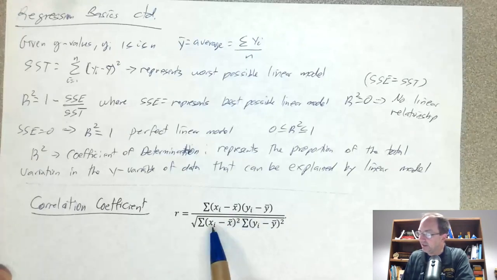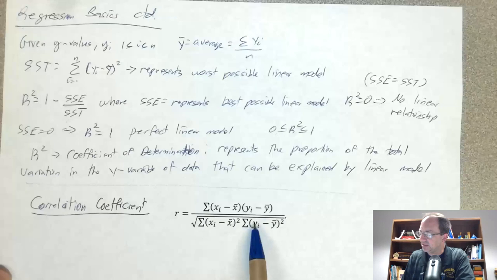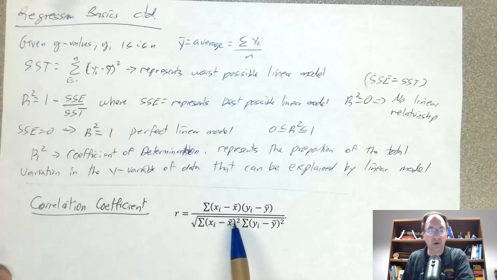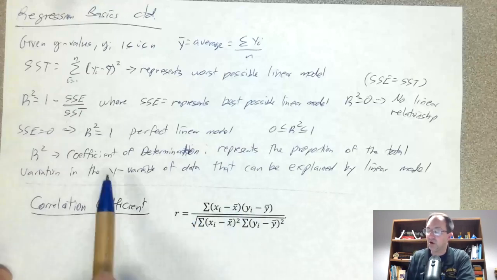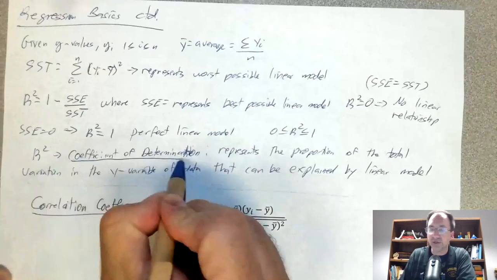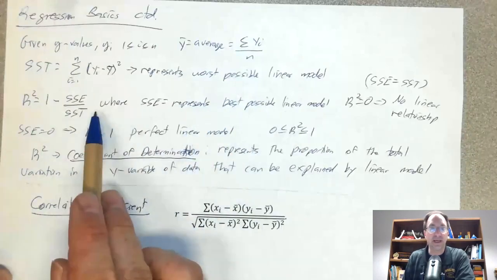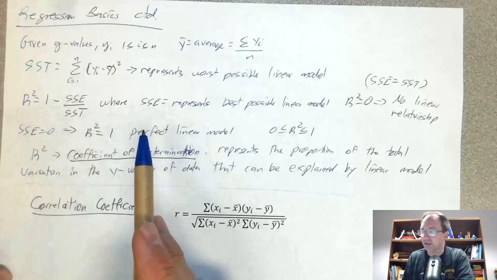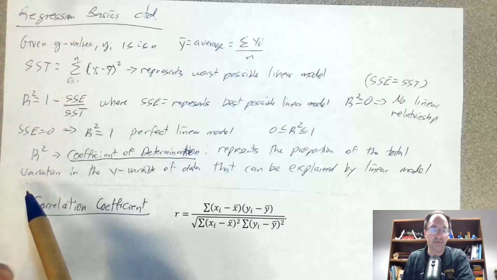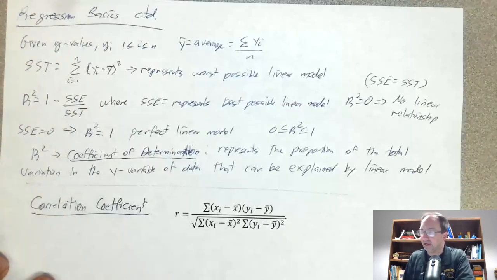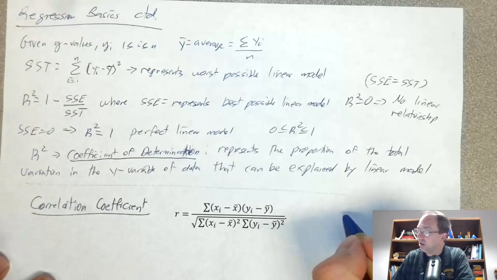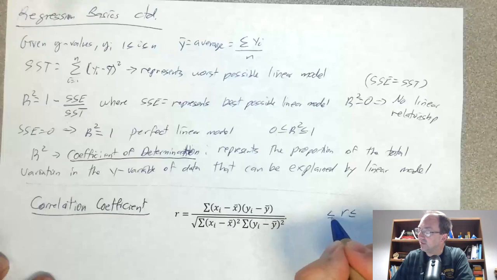Notice this only involves the averages of the x's and the y's and the data points themselves, and yet we can still calculate a correlation coefficient. That is different from our coefficient of determination, where we had to calculate the linear model, calculate the SSE according to that best case scenario, and then do a proportion. Now the interesting thing is, first of all, r is always between -1 and 1.